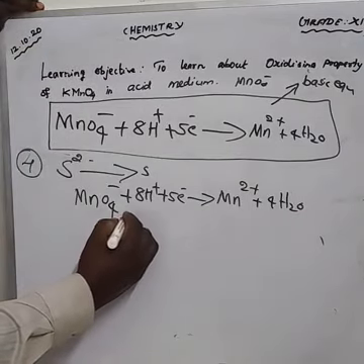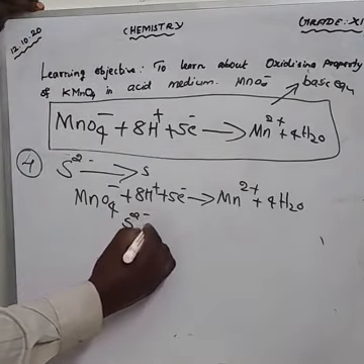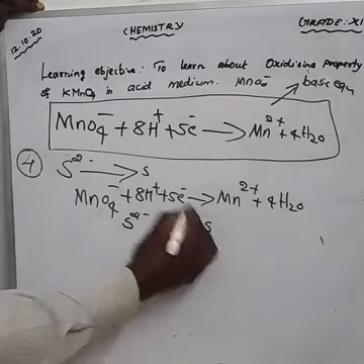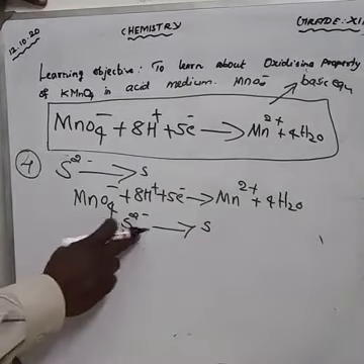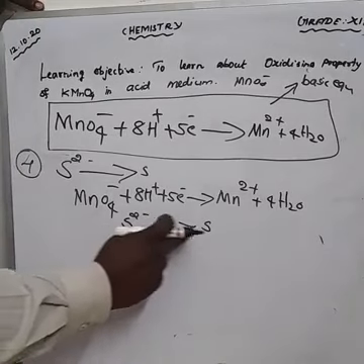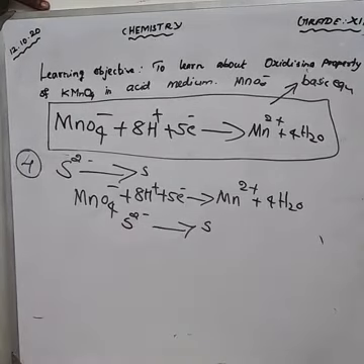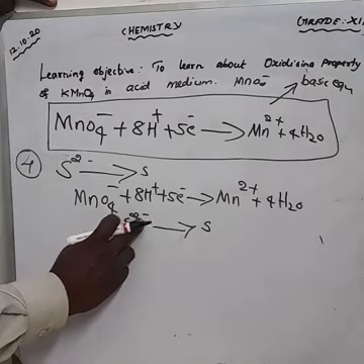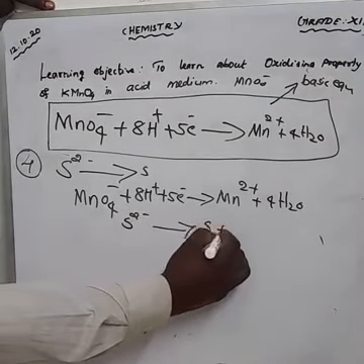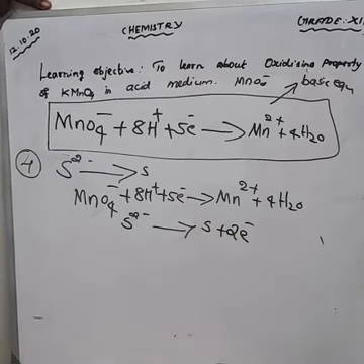That is S²⁻ gives S. Sulfur balance: one sulfur is there, one sulfur is there. Next about the charge, here 2 minus, so here we are adding 2 electrons. Clear?